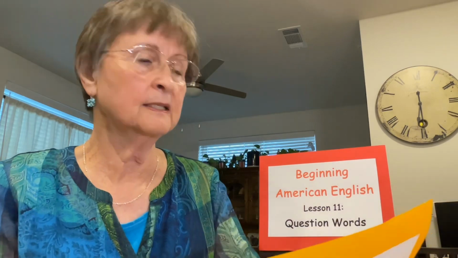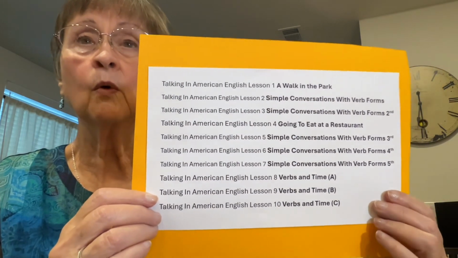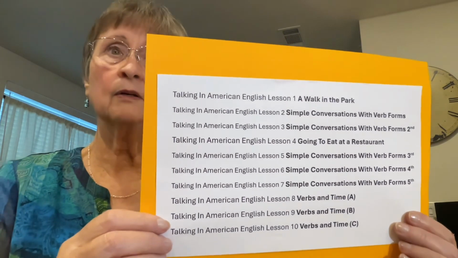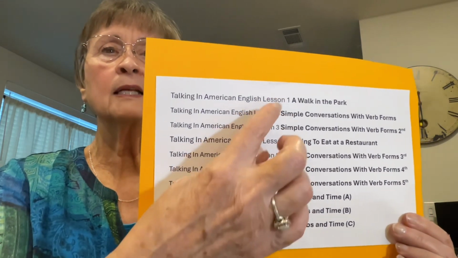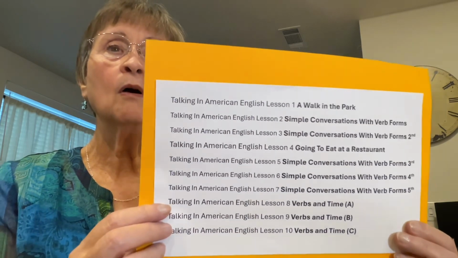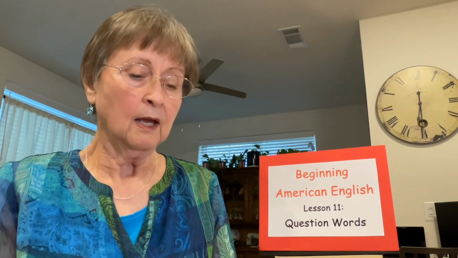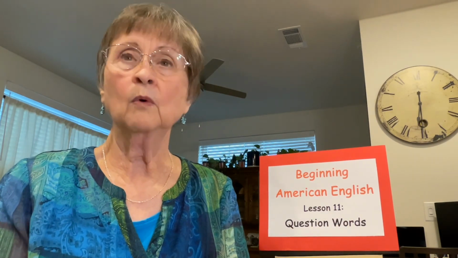And then I did a series on talking in American English, which is supposed to be a little bit more advanced, and I've done lessons 1 through 10 on that one. From now on, I'm only doing beginning American English and talking in American English, and I will switch back and forth between those two.